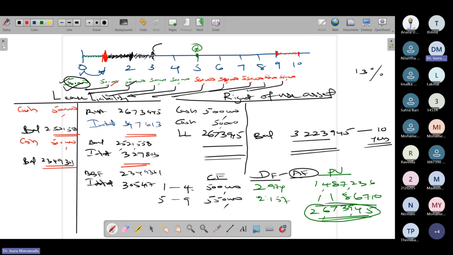In the year 3, we should pay the same cash flow, 500,000. We'll pay this amount, cash, 500,000. Now get the balance.